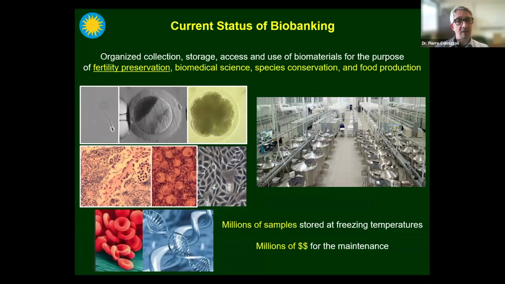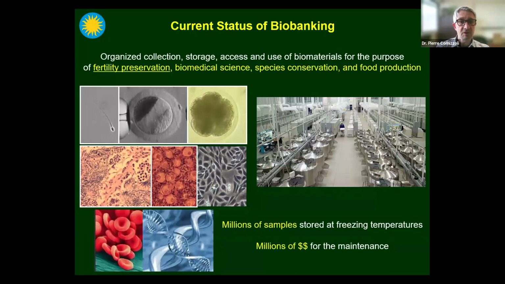In zoo and wildlife disciplines, we use that for species conservation, but also for sustainability of food production. Right now, we store a lot of germplasm, reproductive tissues, cell lines, blood products, DNA samples. In North America alone, we have millions of samples stored right now at freezing temperature.